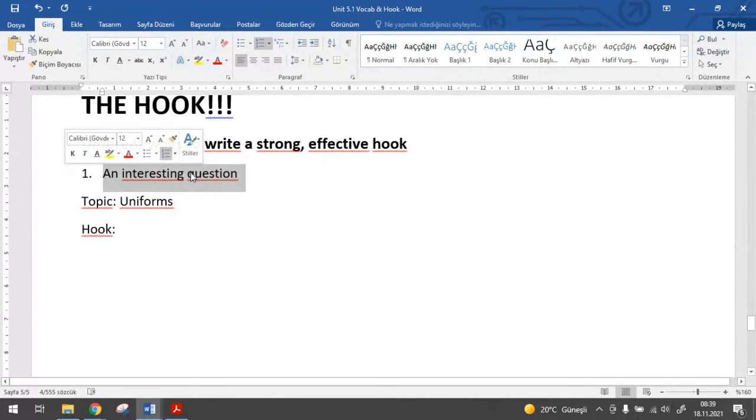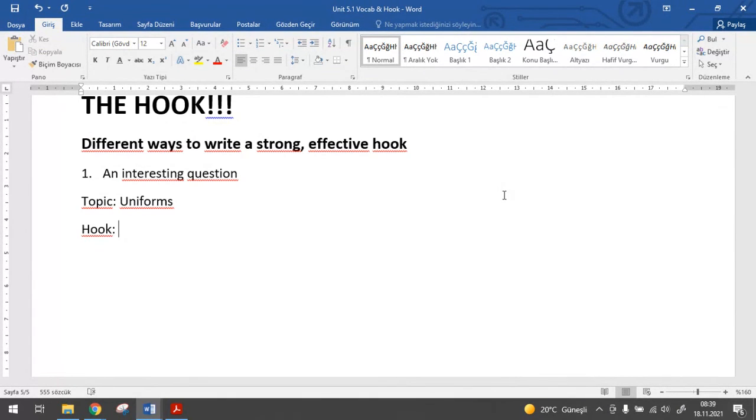So you must have an interesting question. For example, a simple, interesting question about uniforms. Do we really need uniforms in schools?